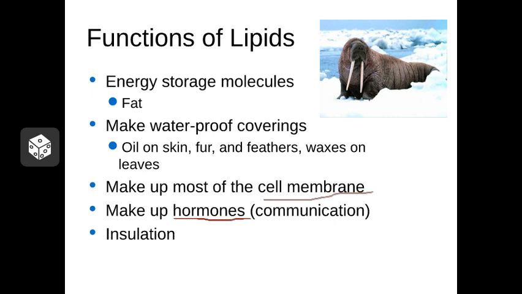Hormones are important in cell communication. Lastly, lipids are really important as a form of insulation. I mean, think about it. Animals that live in really, really cold places like walruses, you never see a skinny walrus. They have these really, really thick layers of fat on their bodies, and that actually helps hold in heat. Fat is an excellent insulator.